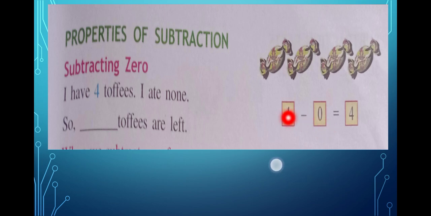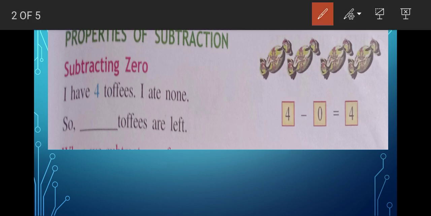That means all the 4 chocolates will remain with you, isn't it? In the same way, here 4 minus 0 will be 4. So 4 toffees are left. You write it down, children.